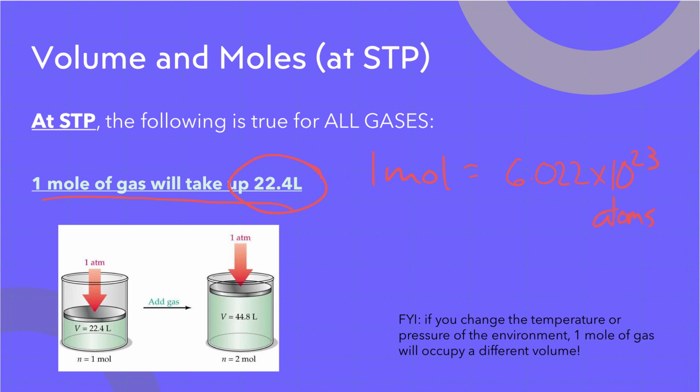You can also say a mole equals 22.4 liters. And because those are both equal to each other, you can say 22.4 liters equals 6.022 times 10 to the 23rd atoms, and that's also going to be equal to the molar mass. So you can start to put all these together and make some shortcuts for math, and we'll practice that more throughout the unit.